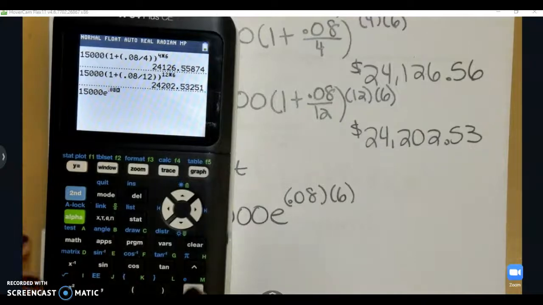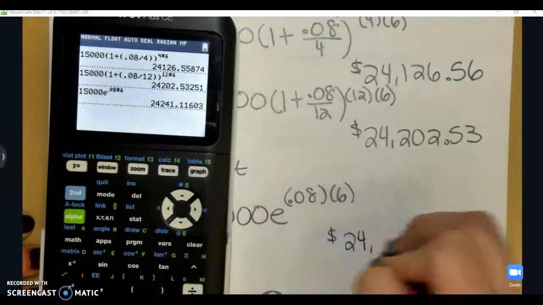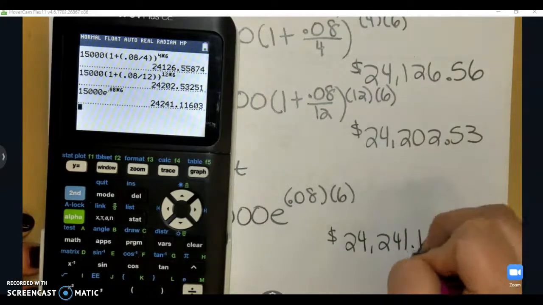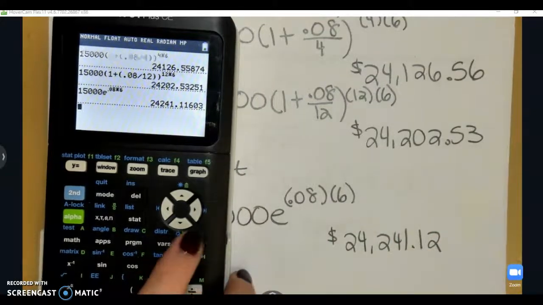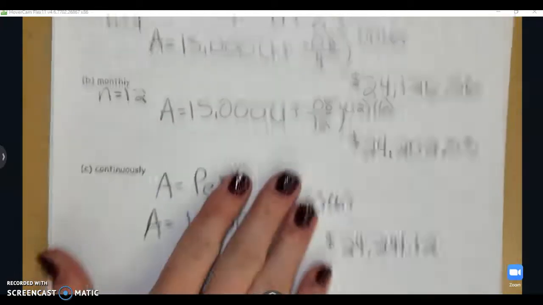Using that E button again. And that gives us the most amount of money out of all three potential accounts.